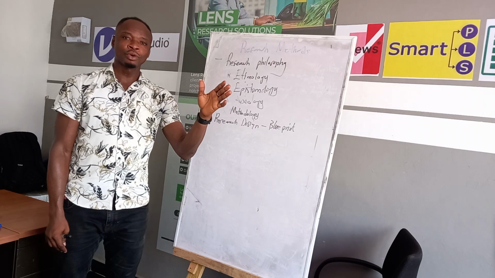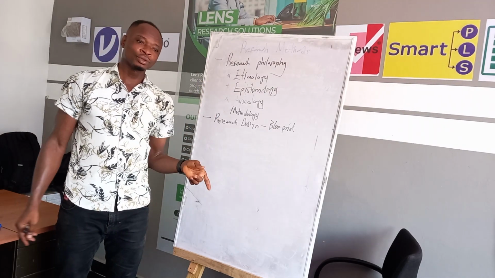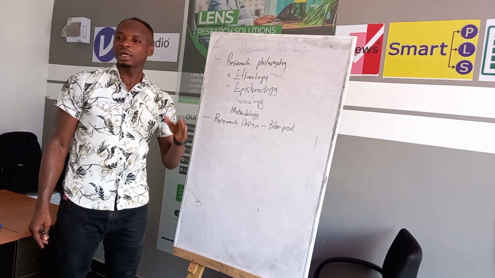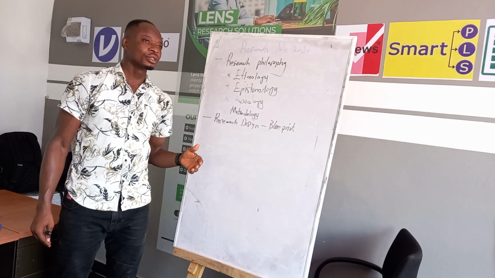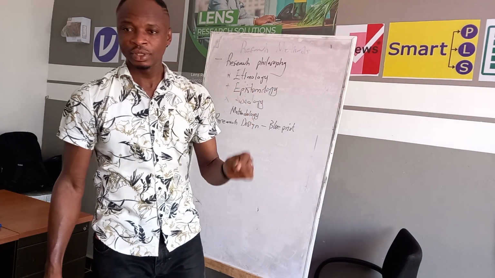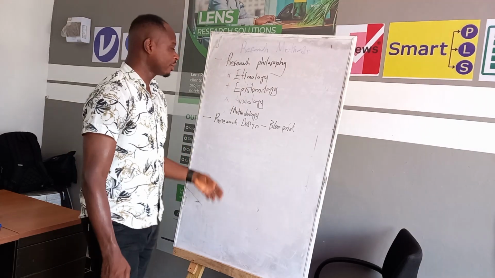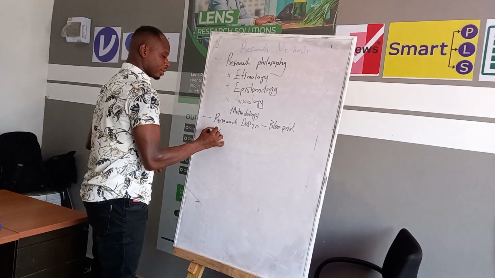So if you pick a wrong research design for your research, know that it's going to wrongly influence the other aspects of your research. So what you have to do is always try to select the right research design. And we have at least three of the research designs which we have to look at.